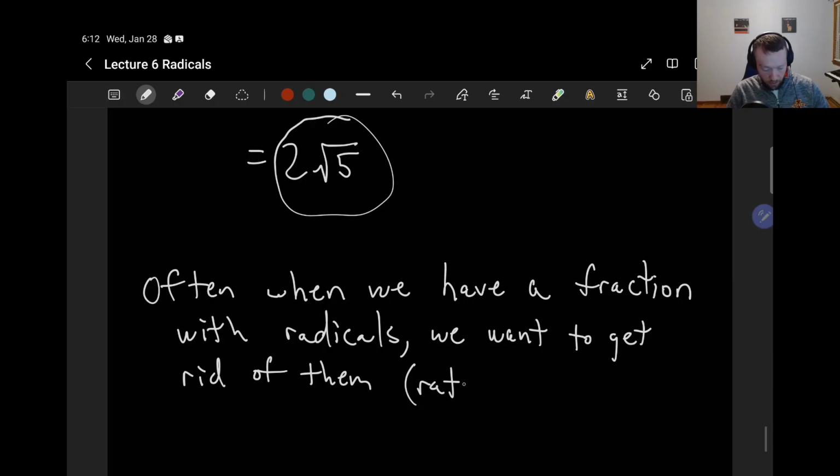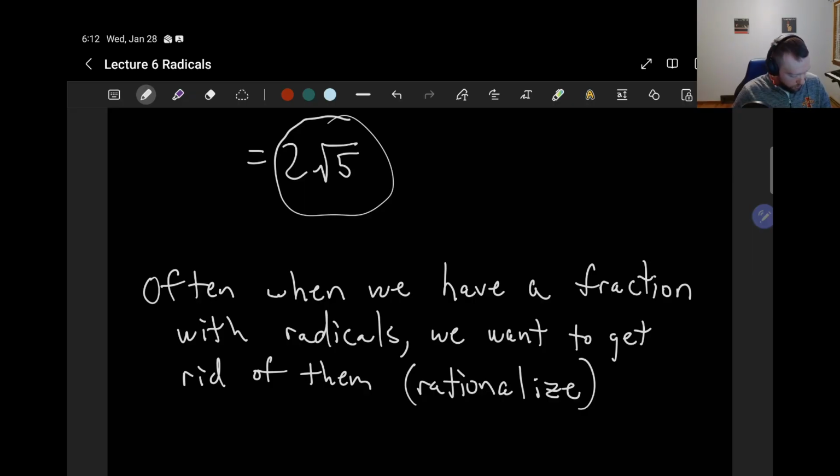Now, the fancier name would be rationalize. So rational means polynomial over polynomial, and radicals are not polynomials. So that's why we use this term, rationalize.